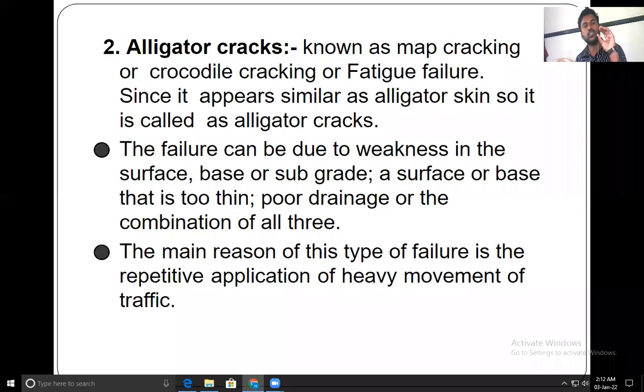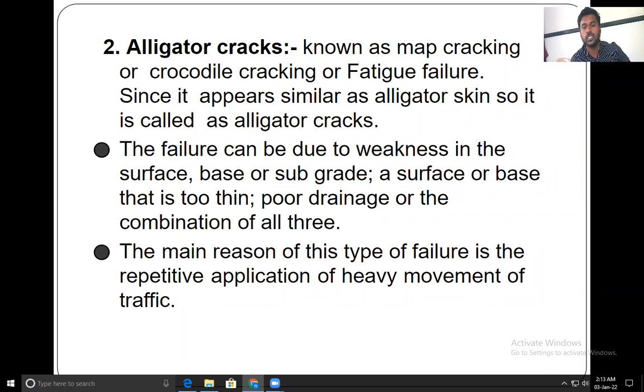Suppose the base layer is provided with less thickness, or proper drainage is not provided. If the base layer is not provided with the required thickness, then cracks may be produced on the surface.